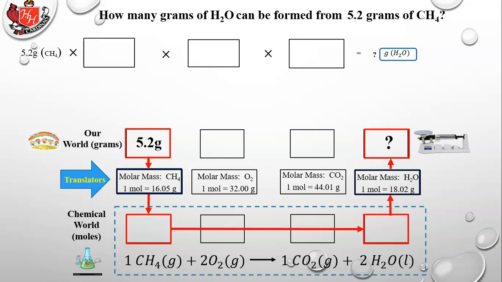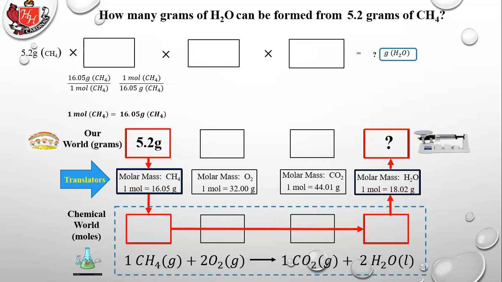We're going to need those three conversions we just talked about. The first one is 1 mole of CH4 for every 16.05 grams of CH4. That's the translator. That's the molar mass that gets us into the chemical equation. So there's the two ratios. Again, convince yourself those are both true statements. Try to figure this out on your own: which one are we going to want to put in that box?